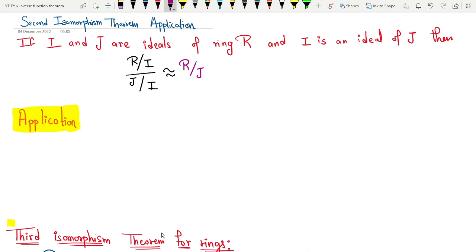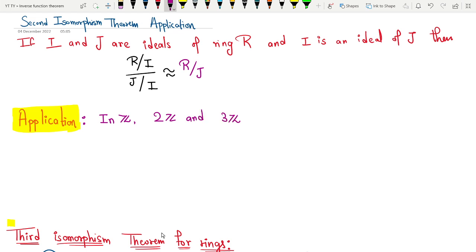So first thing is I should have two ideals of the ring R. Let's talk about these two ideals of the ring R. The simplest ring that we recollect is nothing but Z. So in Z, I consider two ideals. Suppose I consider my two ideals as 2Z and 3Z.